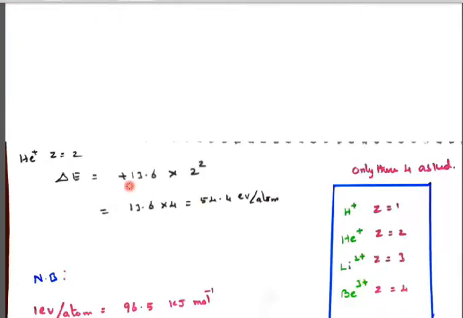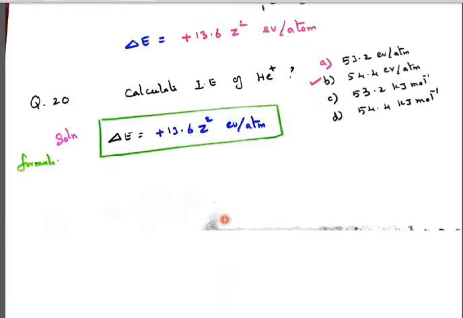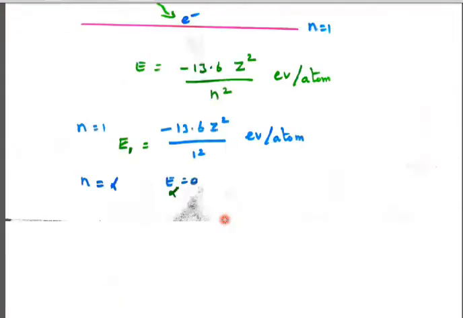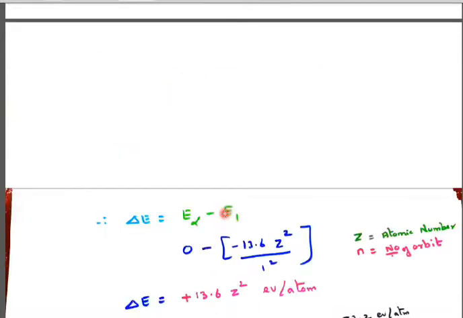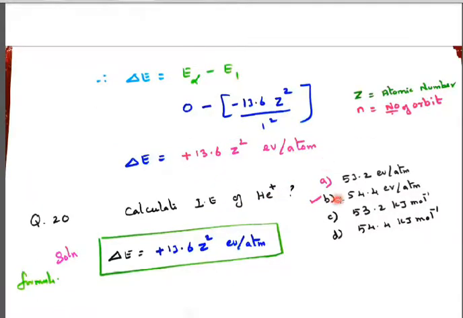The formula reads plus 13.6 into 2 square, and the first energy level is 1. So 13.6 into 4 gives 54.4 electron volt. So our option is the second option, 54.4 electron volts.